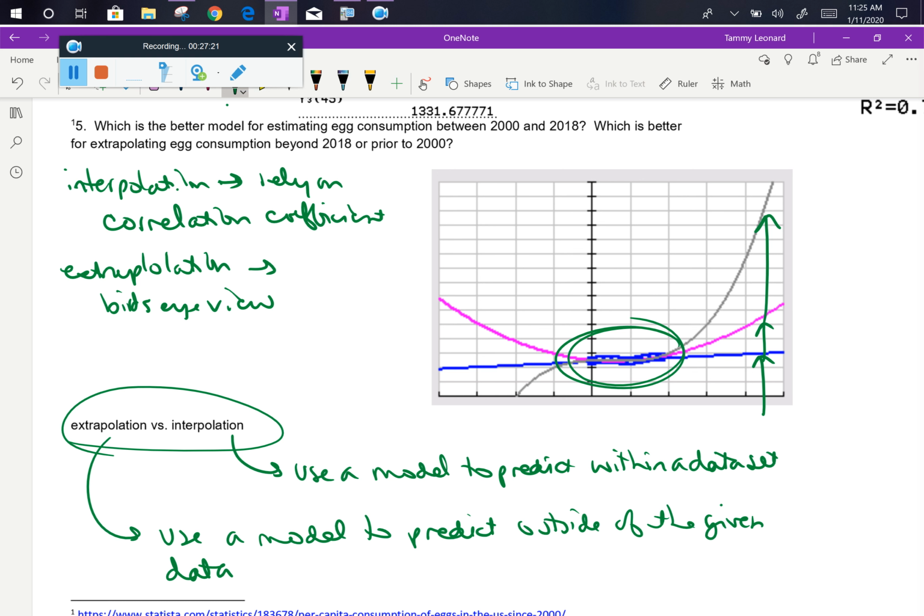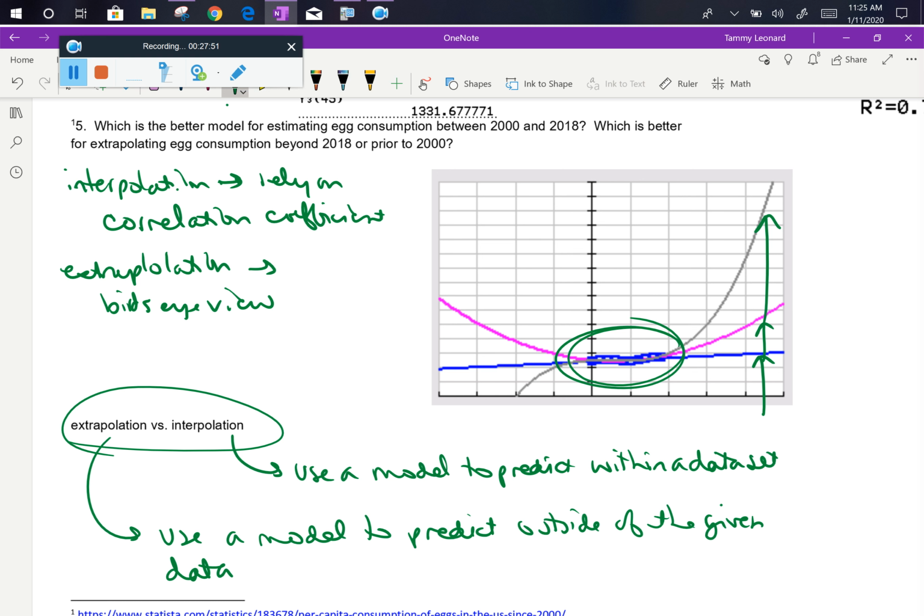So if I'm looking way outside the data, like at the year 2045 or way back to the year 1970, that cubic model, or certainly if we had looked at the quartic model, definitely not that model, those models are really not that accurate so far outside. Even though the linear model had a terrible correlation coefficient when looking at the actual data, the linear model is personally the one that I would use for extrapolation.